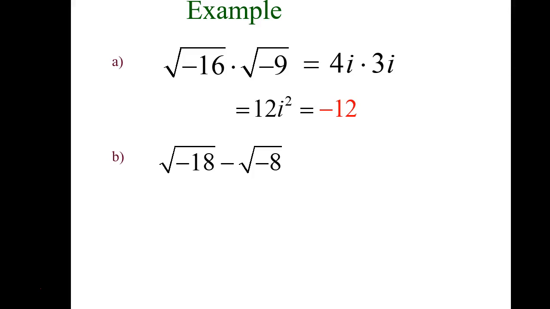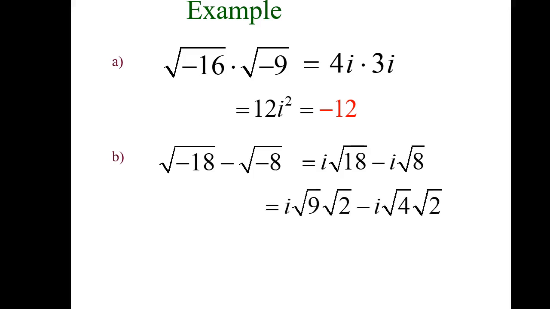In the next question, 18 and 8 are not perfect squares, so let's go ahead and take the negatives out of the radicals first by writing i's in front of them. And then let's simplify the square root of 18 and the square root of 8. So the square root of 18 we can simplify using 9 and 2, and the square root of 8 we can simplify using 4 and 2.